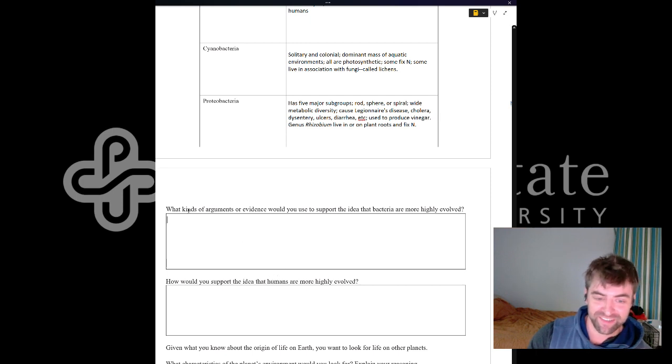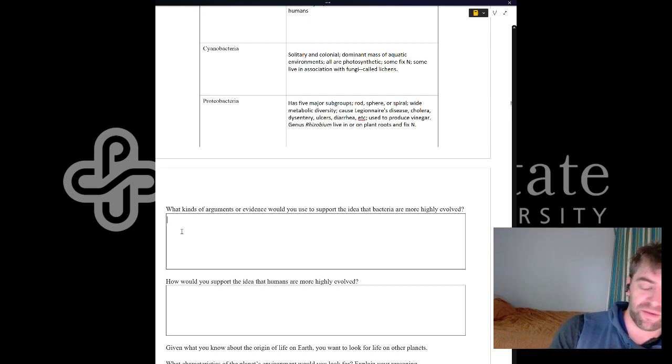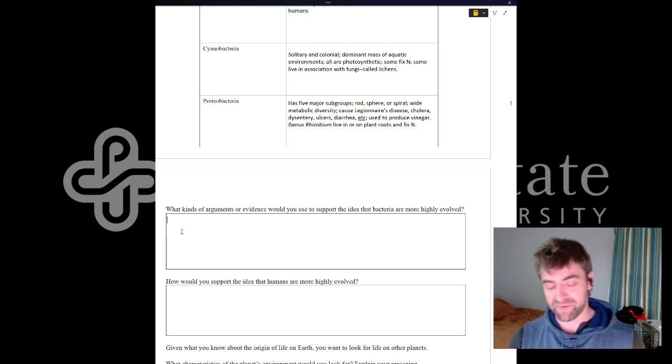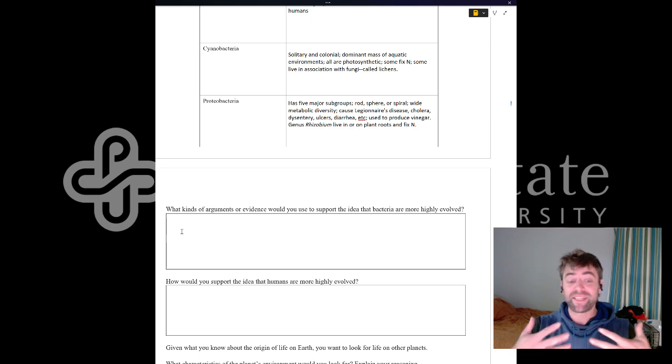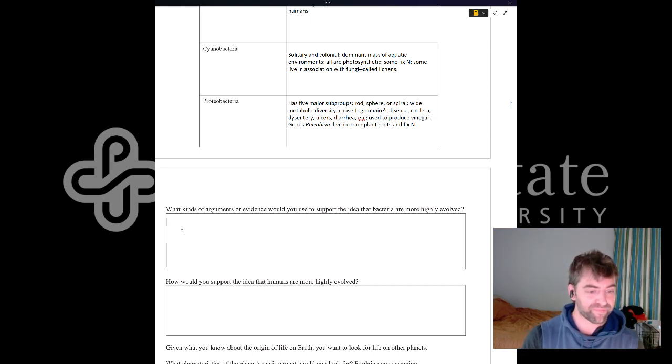If we consider organisms that are closely fit to their environment by metabolism, they are extremely successful in that environment. And by successful, we mean successful at passing on their genetic material to the next generation and persisting. If we consider that to be more highly evolved, then many of the species of bacteria are more highly evolved than humans.